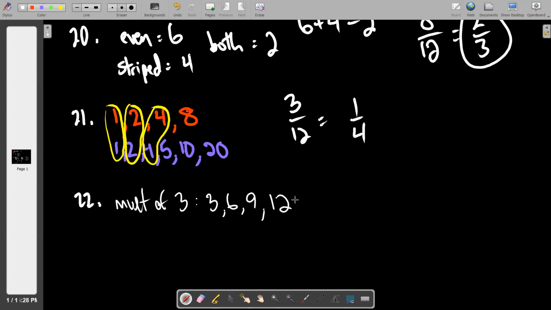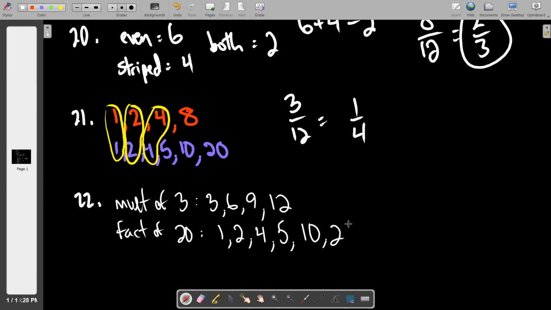There's infinitely many, right? I could keep going, but I would stop here because the chart stops at 12. There's only 12 cards. And then the factors of 20 are, again, 1, 2, 4, 5, 10, and 20, but I'm going to leave 20 out because it doesn't really matter.